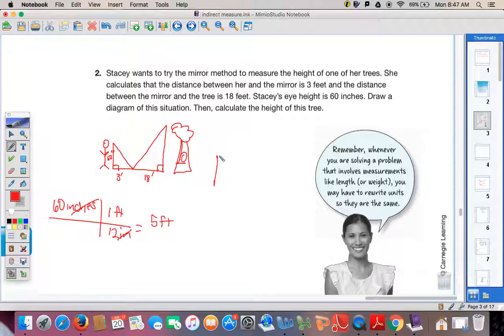So if we set up our two triangles, we have that this is 5 feet, and this is 3 feet, and then we have that this would be 18 feet, and this is our unknown. So if we set up our proportion, you want to have the same pieces in the same locations. So we're going to have our 3 feet and 18 feet in the denominators, and our numerators we're going to have 5 feet over x feet.